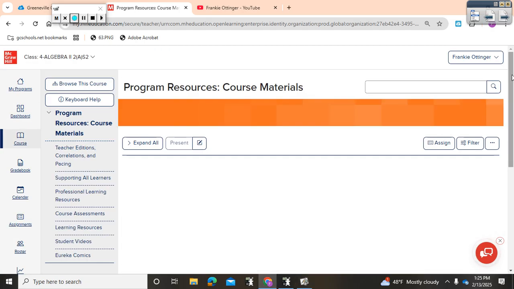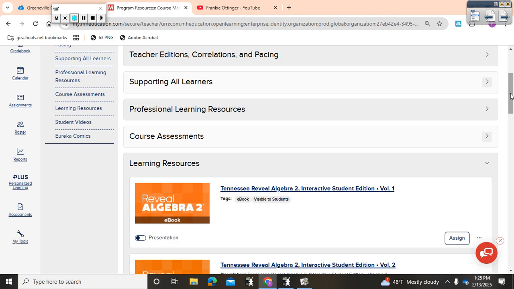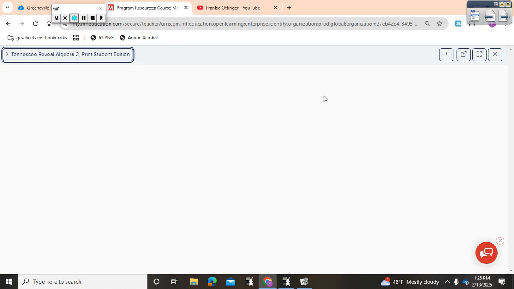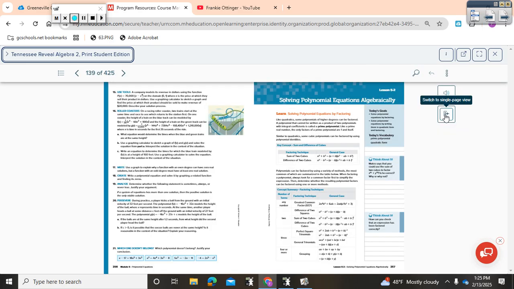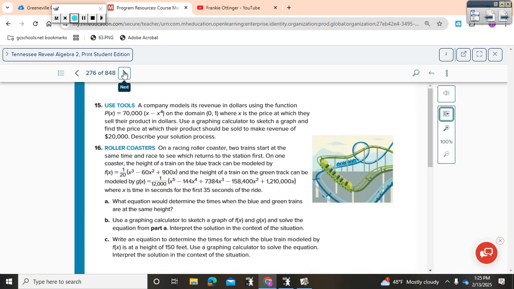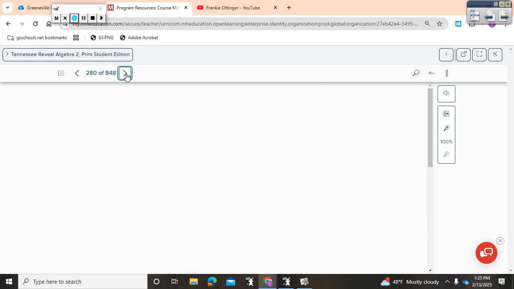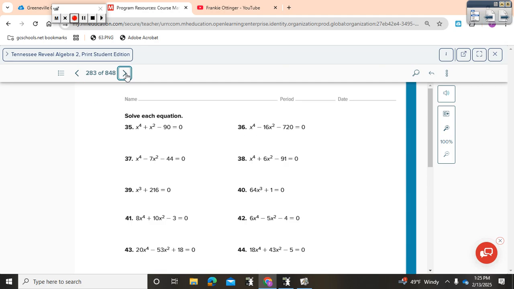Now if you do have your book, you can skip through this to the notes, but Learning Resources, and right here where it says Student Print Edition, you can click that and it will take you to the online print version of the book, and you can still do this lesson even if you forgot your book at school. So no excuses when I see you on Thursday, and we talked about that last week.